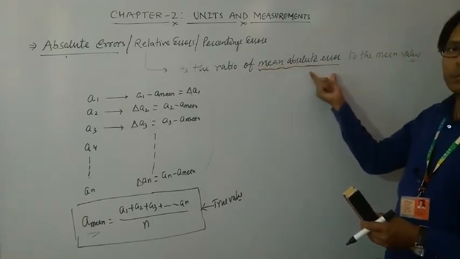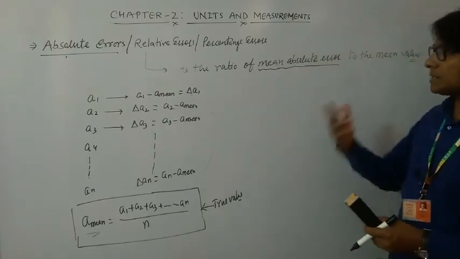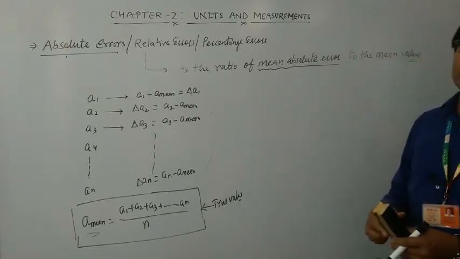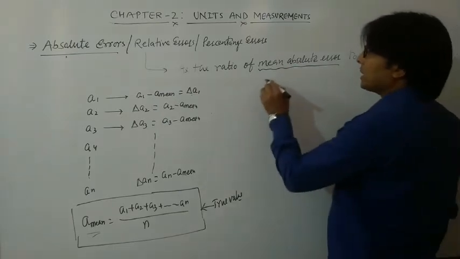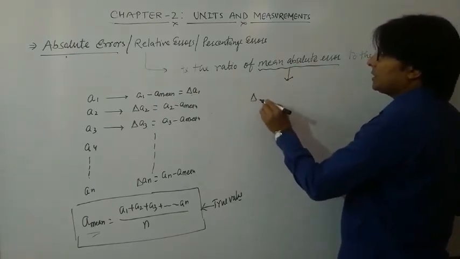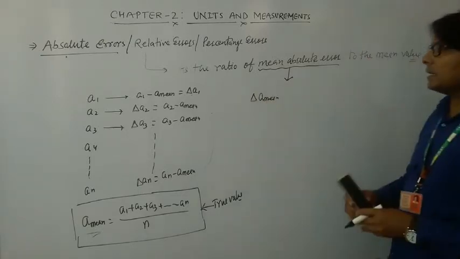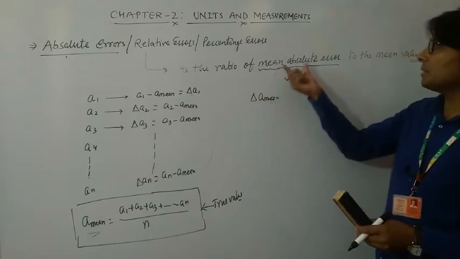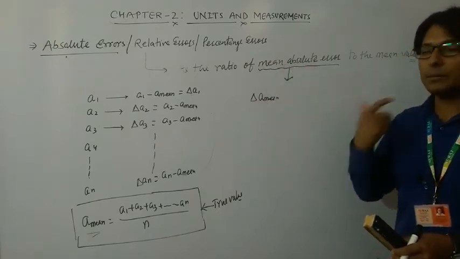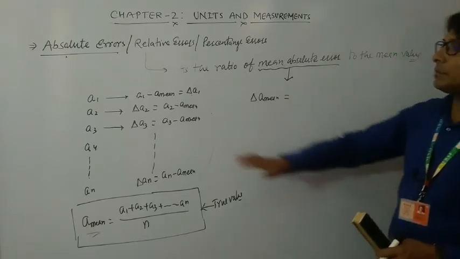Mean absolute error means the mean of absolute errors. So let us try to find the mean of these absolute errors. Mean absolute error is denoted by delta A mean. Now we have to take the mean of these absolute errors.